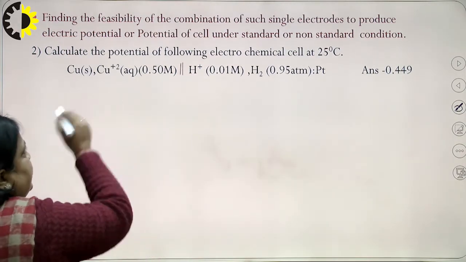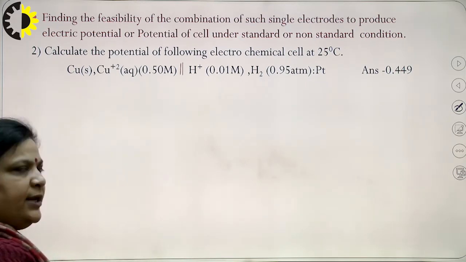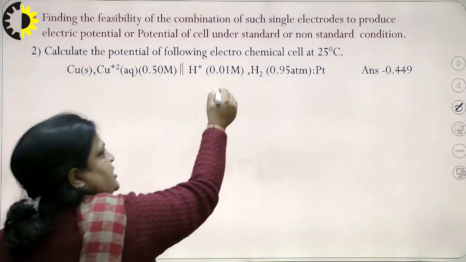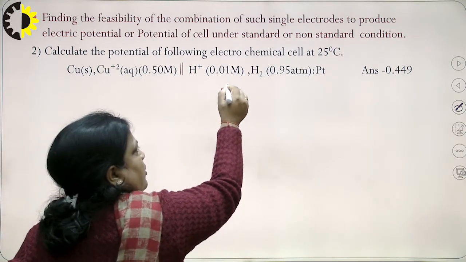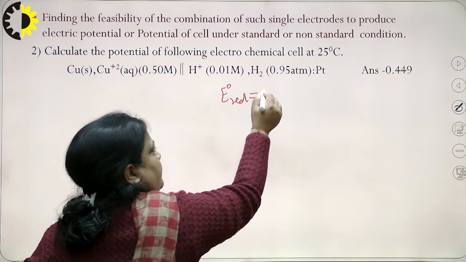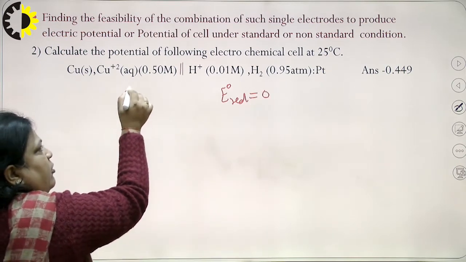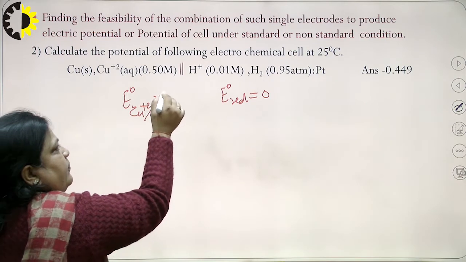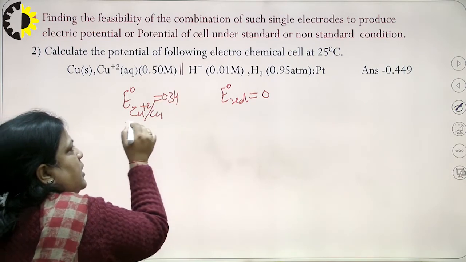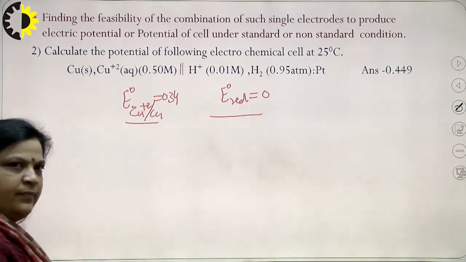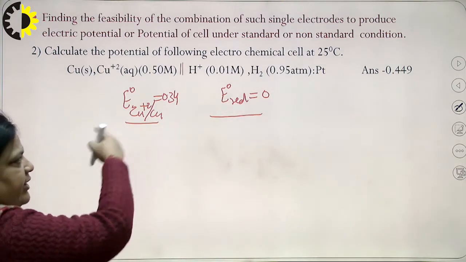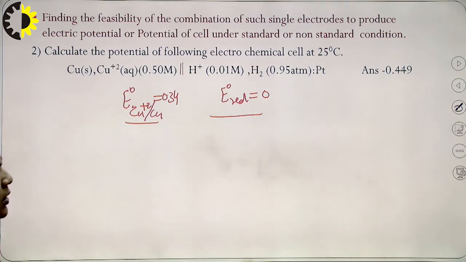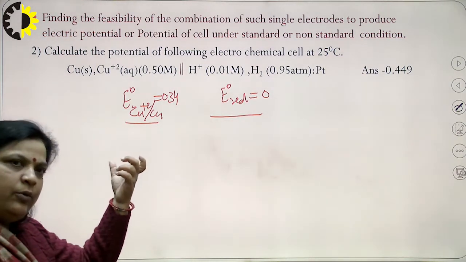For example, in this case, calculate the electrode potential of the electrochemical cell, and the cell is given. We know that the reduction potential of hydrogen is 0 and the reduction potential of copper is 0.34. Now, in this condition, since the reduction potential of copper is more, it should act as a cathode.